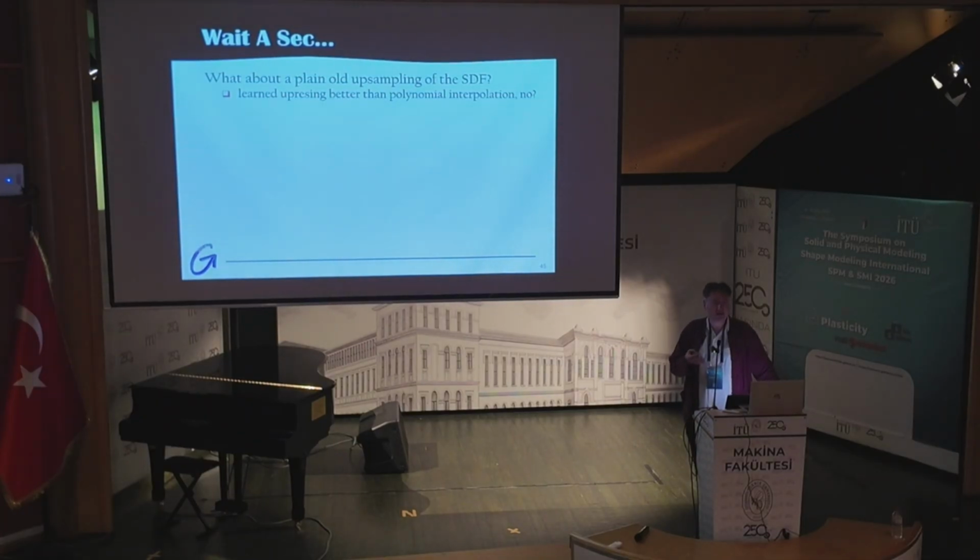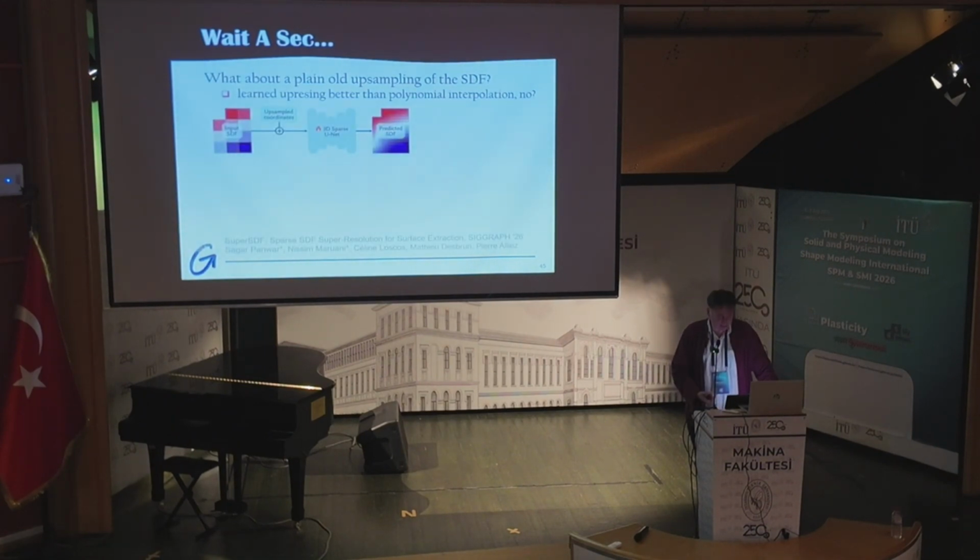It's better to learn how to better interpolate. But why do we have to go through this learnable representation? In fact, what we can do is simply upres, meaning super resolve, if you want, the SDF. So if you have an SDF that is 32 by 32 by 32, well, then bring it in a machine learning way to 128 by 128 by 128.